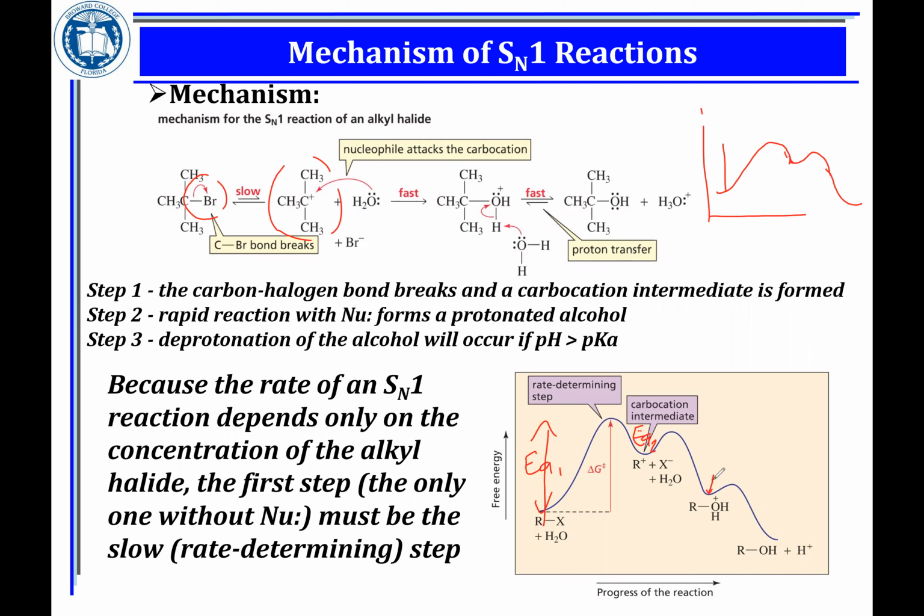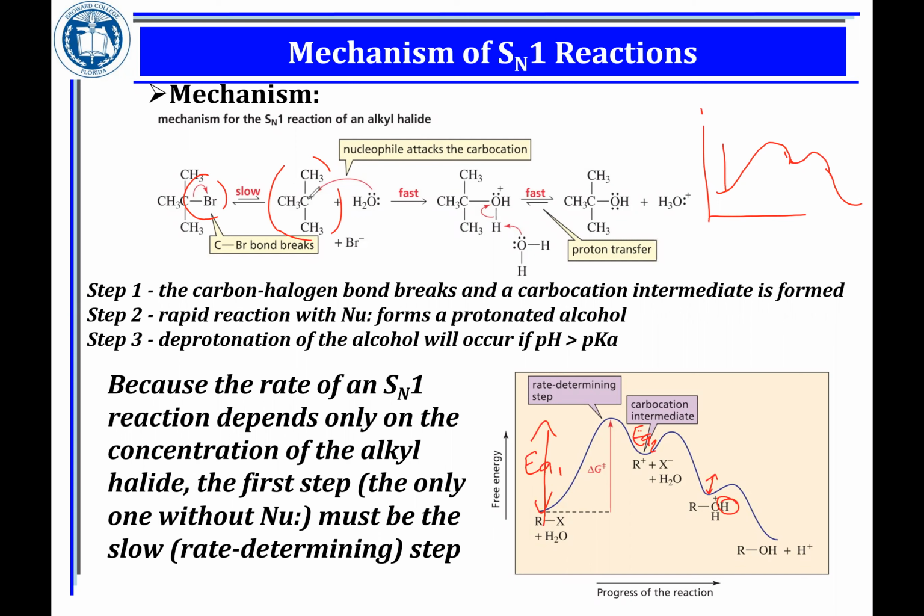And then there is an EA3 only because water is the nucleophile, and you have to deprotonate or remove one of the hydrogens. Otherwise, you could have a two-step reaction. So if you have a neutral nucleophile like alcohol or water, there's a last step involved. You must remove the hydrogen.